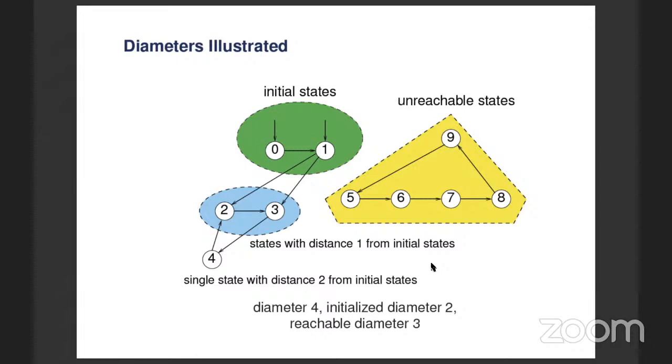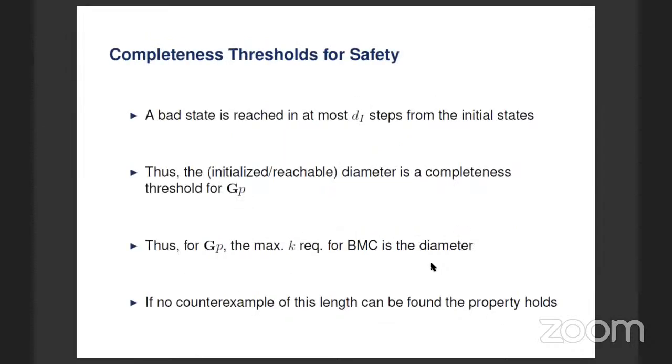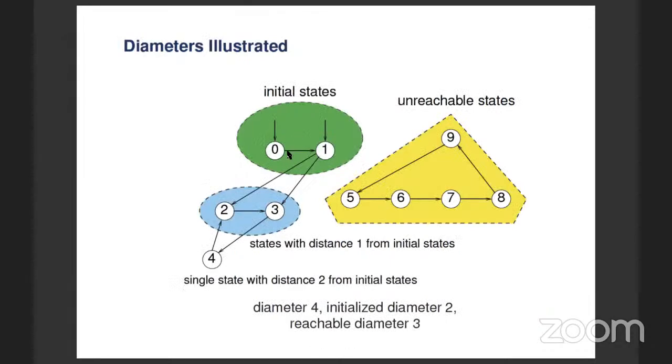Okay, therefore, given this, you can see that the completeness threshold for G-like properties is the initialized diameter, because when you do this BMC K for larger and larger K, in one step you are getting all the states that are reachable in up to K steps, and therefore in two steps you will accumulate all the reachable states.